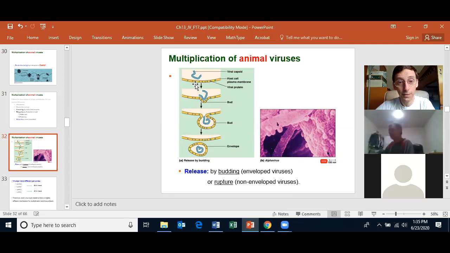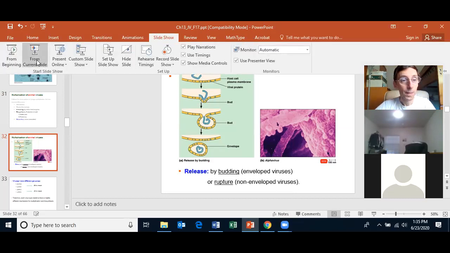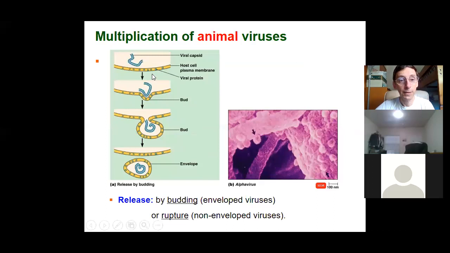It doesn't have to be the cell membrane. It could be the nuclear membrane or the membrane of the endoplasmic reticulum. We're showing you the cell membrane. And it'll come up to the cell membrane where the virus has made proteins and glycoproteins, which are put in the cell membrane.